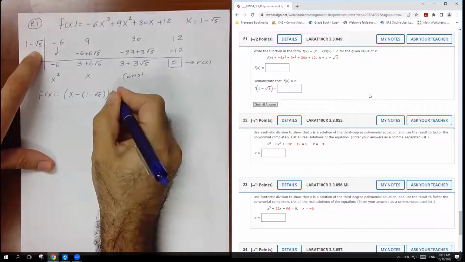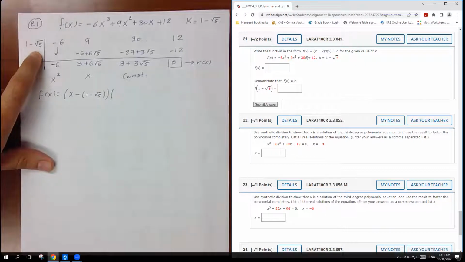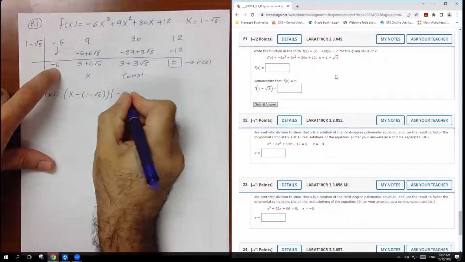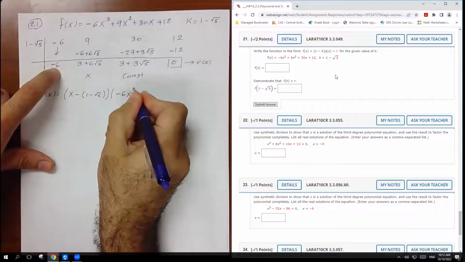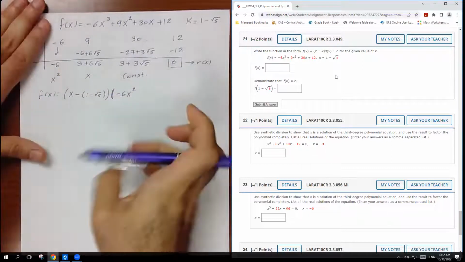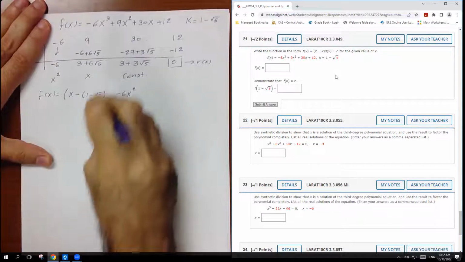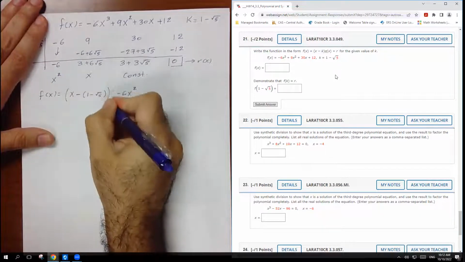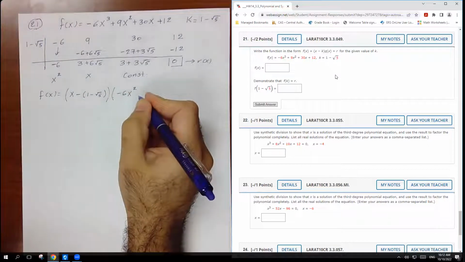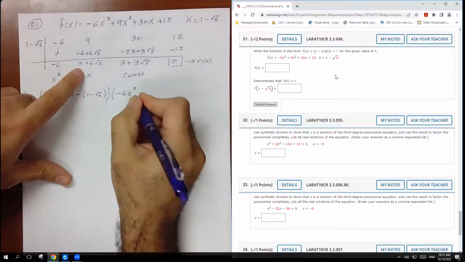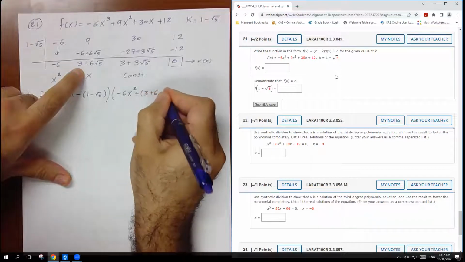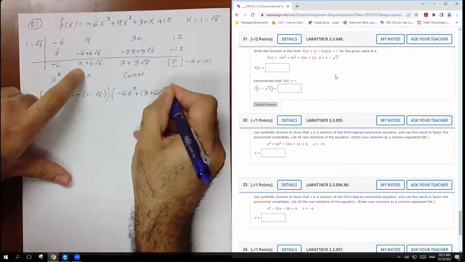And then we're going to write down the q of x, which is negative 6x squared, careful, you're not going to get confused, negative 6x squared plus 3 plus 6 square root of 5.